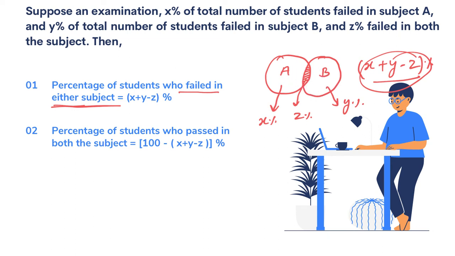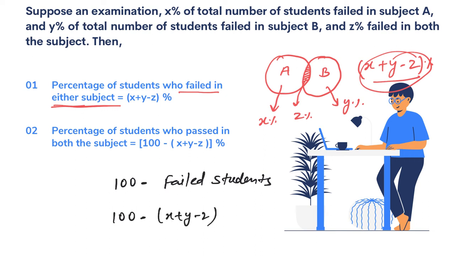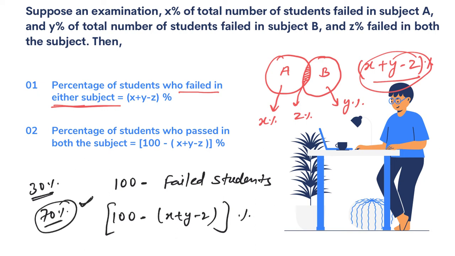So I can say the students who passed are 100 minus the failed students, so 100 minus (X plus Y minus Z). Why? Because if I say the failed students are 30%, what will you say? You will say 70% are the students who passed the examination.